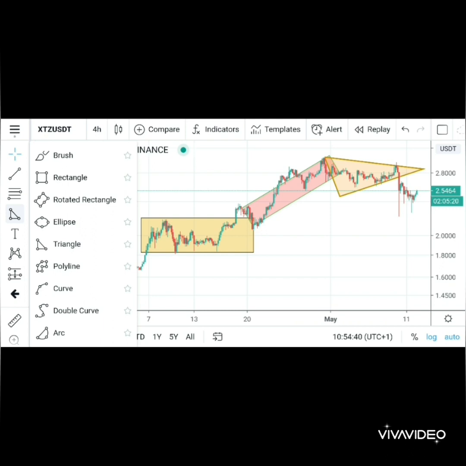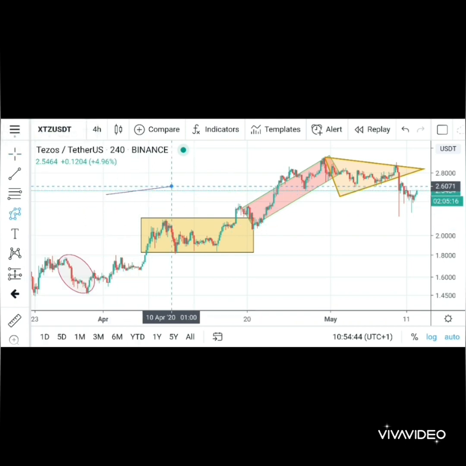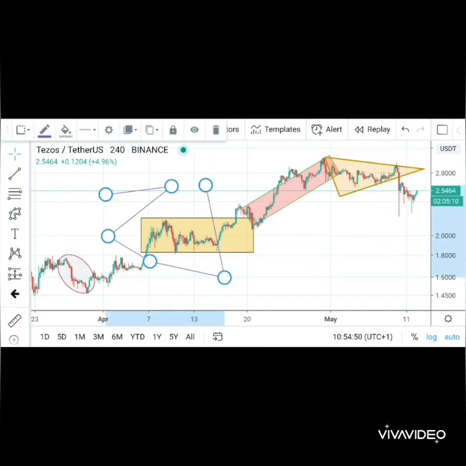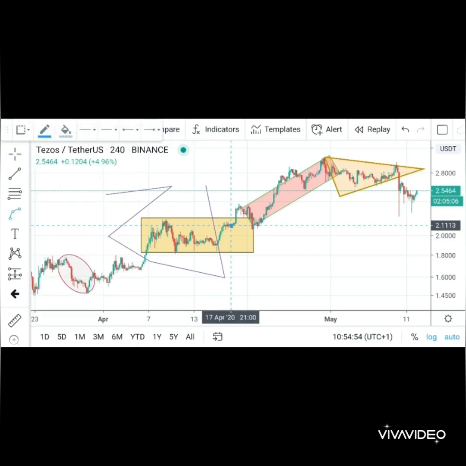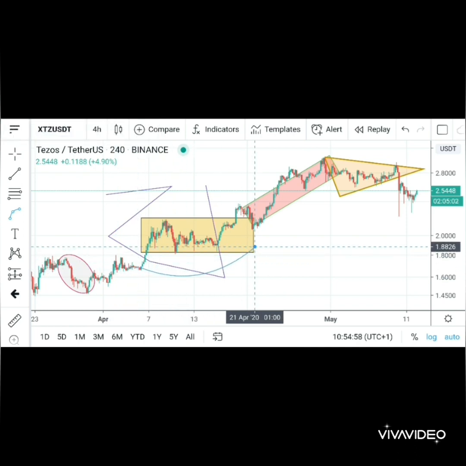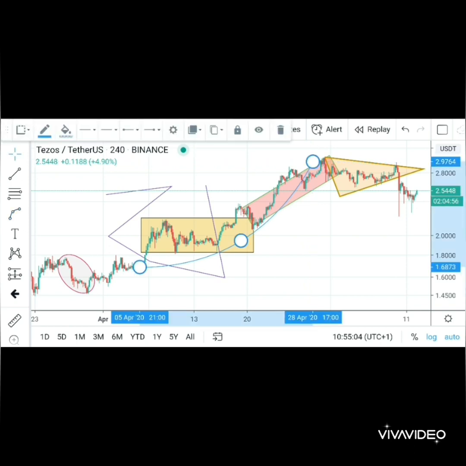Then, I don't usually use this often, but you use it to draw a polygon on your chart. You use your curve to draw a curve channel. When you say something is following a curve, you use your curve to draw a curve channel.